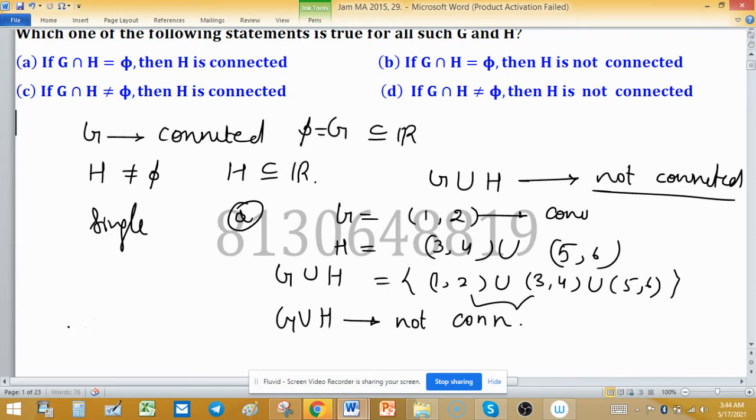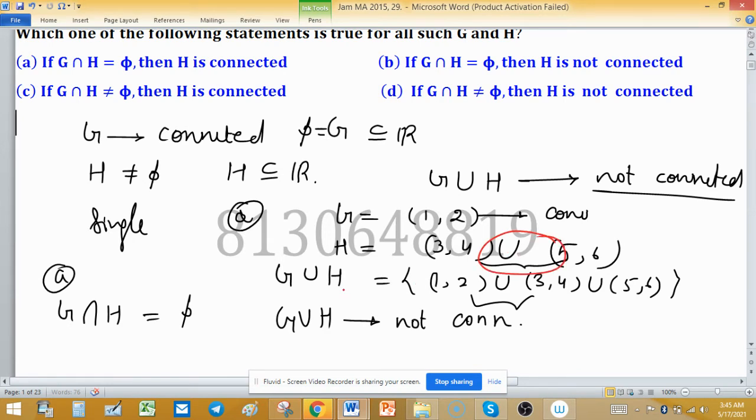Also, their intersection is phi. For option A, the intersection is phi, but H is not connected because we are missing some points here.